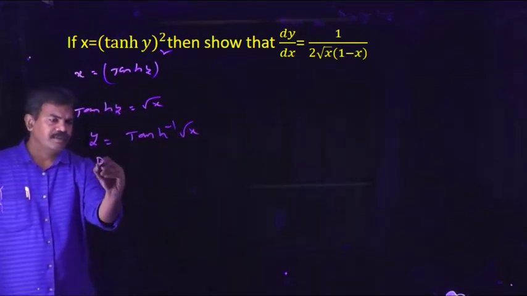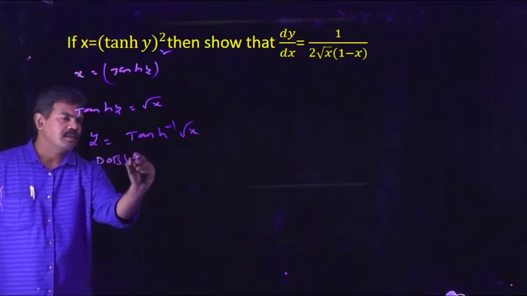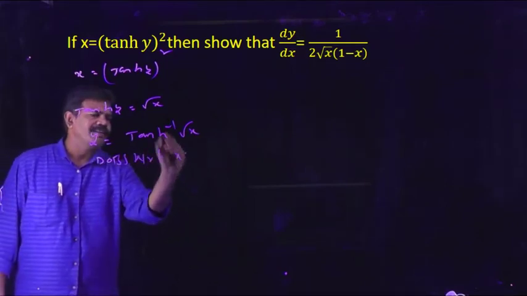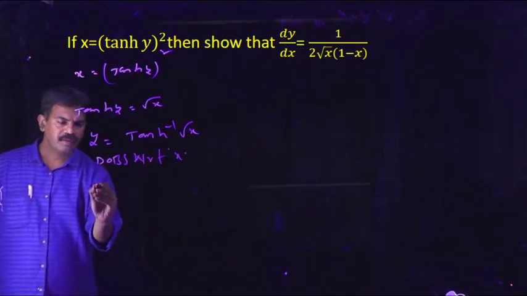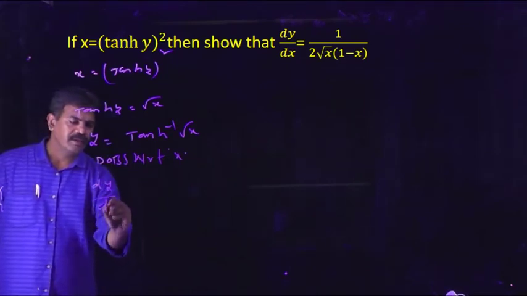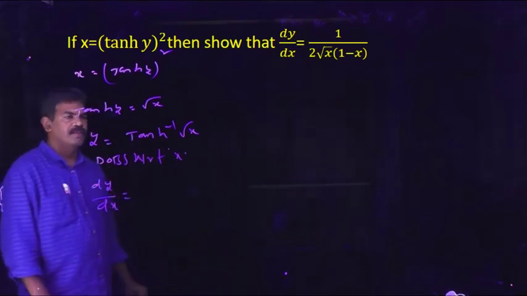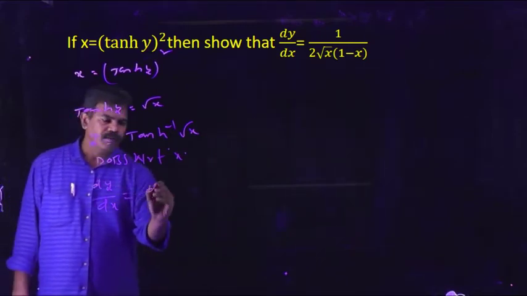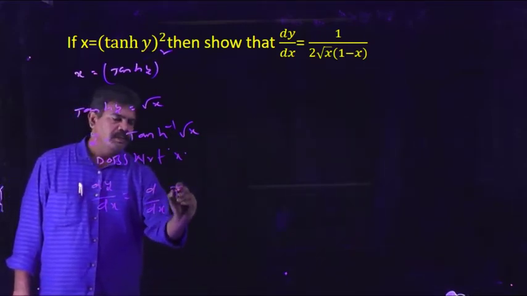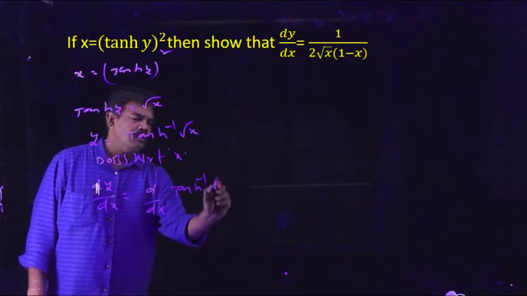Now differentiating on both sides with respect to x, that is dy by dx is equal to the derivative of tanh inverse root x.